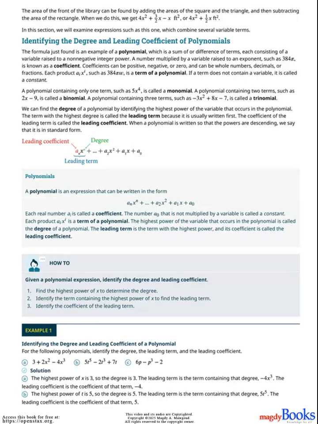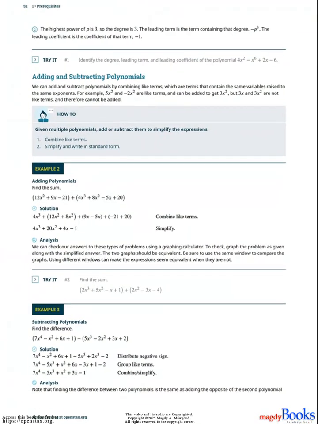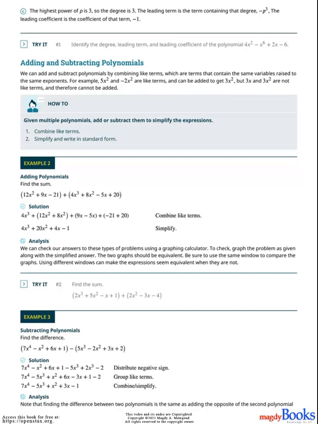B. The highest power of t is 5, so the degree is 5. The leading term is the term containing that degree, 5t to the power of 5. The leading coefficient is the coefficient of that term, 5. C. The highest power of p is 3, so the degree is 3.